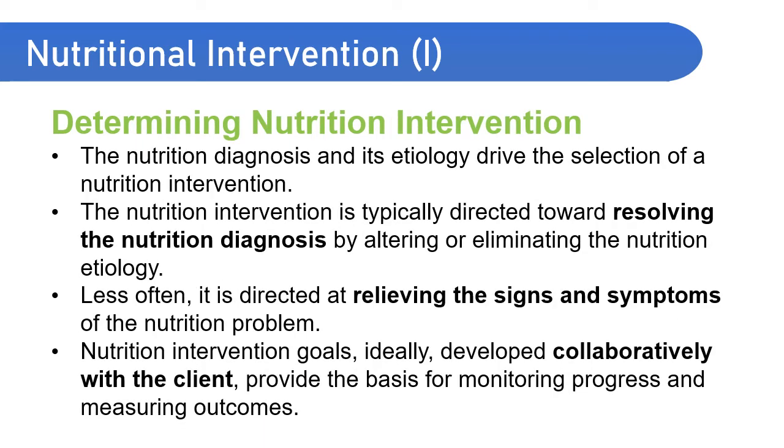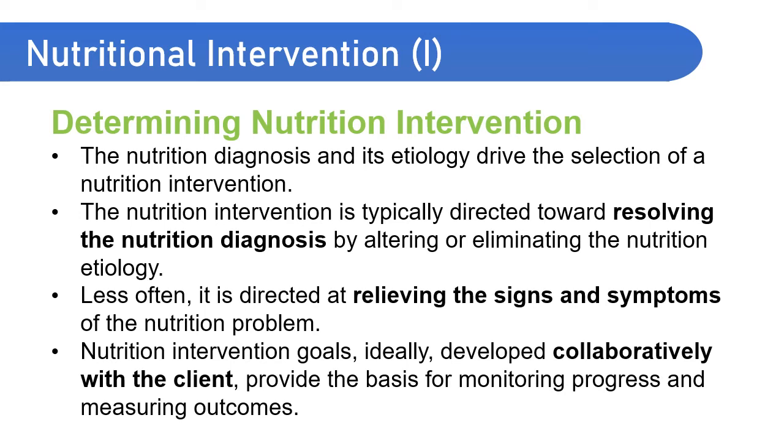So how are we going to determine the nutrition intervention? As we know, the nutrition diagnosis and its etiology will drive the selection of a nutrition intervention. The nutrition intervention is typically directed toward resolving the nutrition diagnosis by altering or eliminating the nutrition etiology.